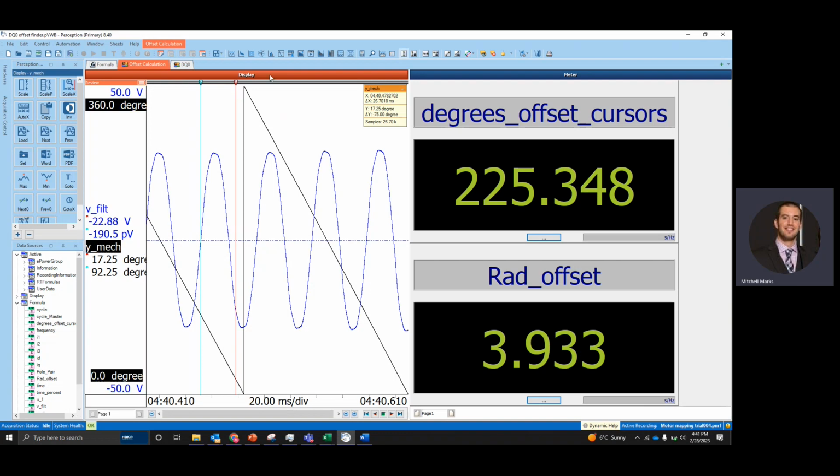So I click on YMEC, I grab my cursor, and I say, okay, I want to go to the next maximum. Now I've aligned with my mechanical 0. So cursor 1 is mechanical 0, cursor 2 is magnetic 0, and the math I showed in the formulas calculates this offset angle of 278 degrees, or 4.85 rads.